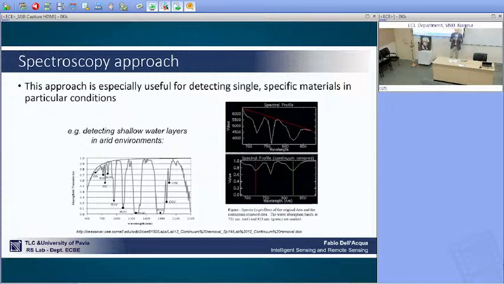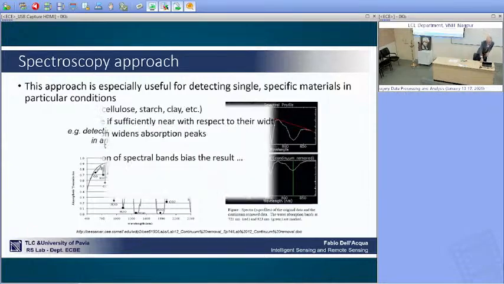When you move from this situation to hyperspectral remote sensing, you are moving to a much more challenging situation where you try to do the same, but with a lot of noise and a lot of disturbing factors involved.